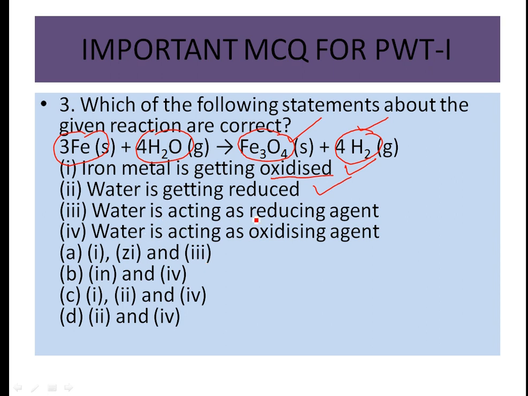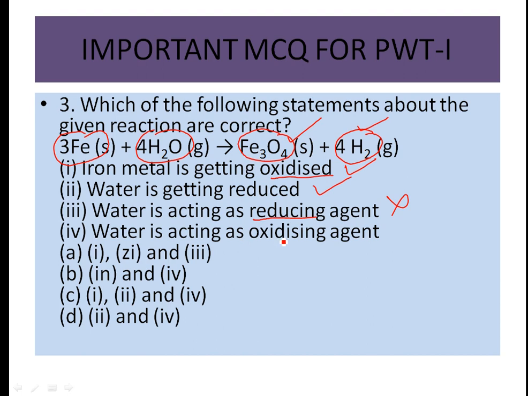Third, water is acting as a reducing agent. Water जो है reducing agent की तरफ work कर रहा है. We know that a reducing agent always provides hydrogen and itself gets oxidized, but as per the situation given, we have already mentioned water is getting reduced. It means the third statement cannot be the right answer here.